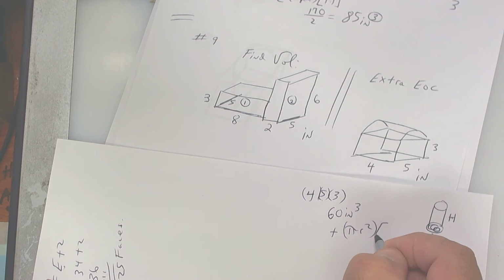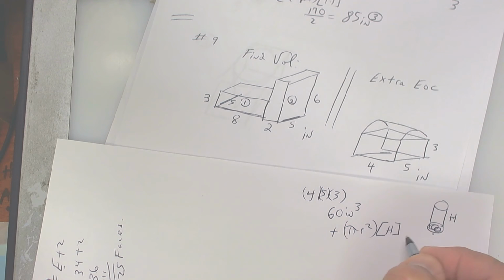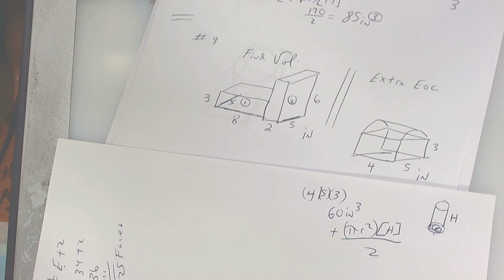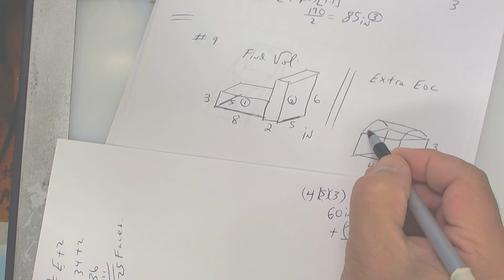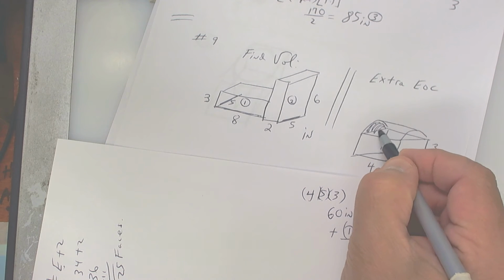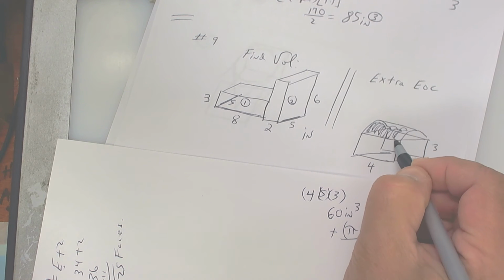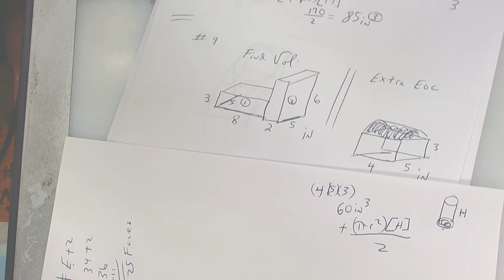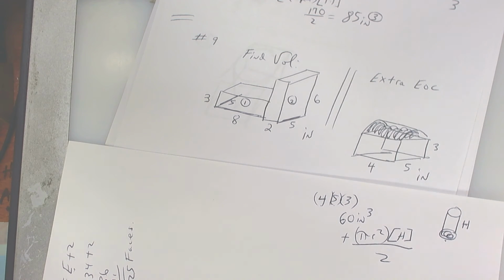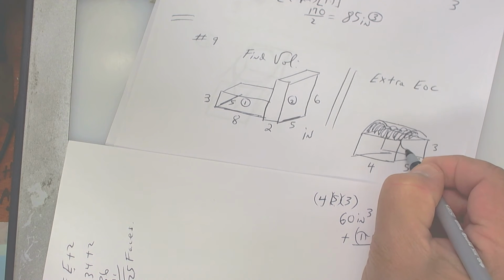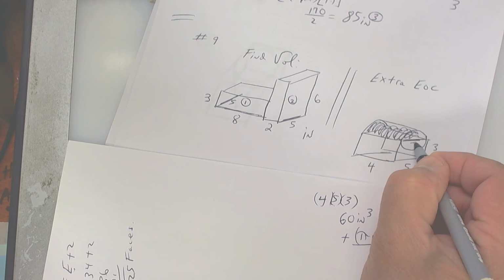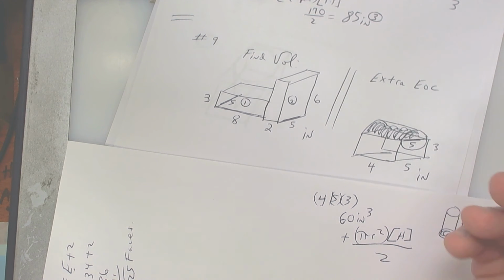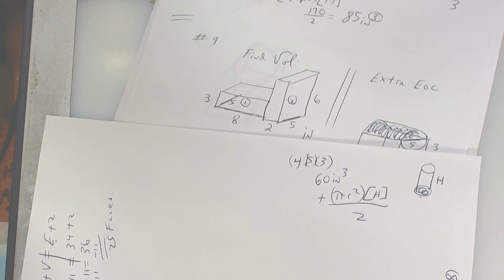And times the height, and then you're going to divide by 2 because you only want half of the cylinder. See, this top piece is half of a cylinder. So you have to divide by 2. So you got to know what the radius is. Well, you see how this piece is 5? This is like a whole circle, so this piece is 5. That's your diameter. So the radius here is 2.5.